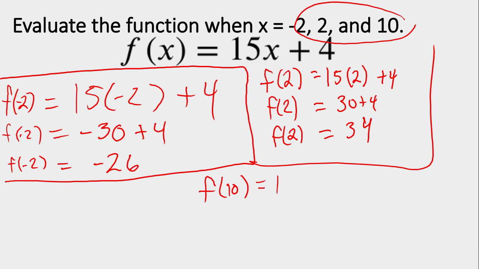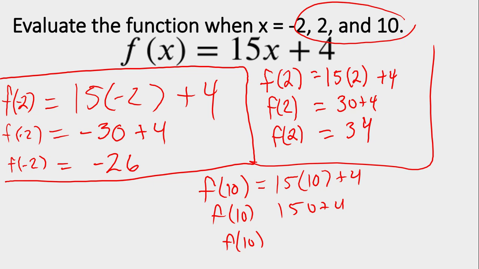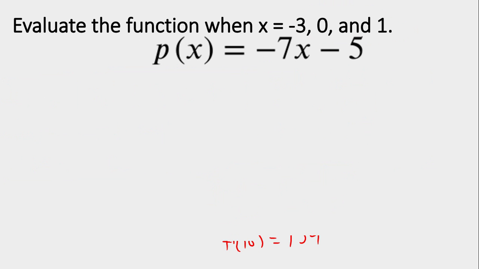F of 10 would be 15 times 10 plus 4. 150 plus 4. And f of 10 equals 154.